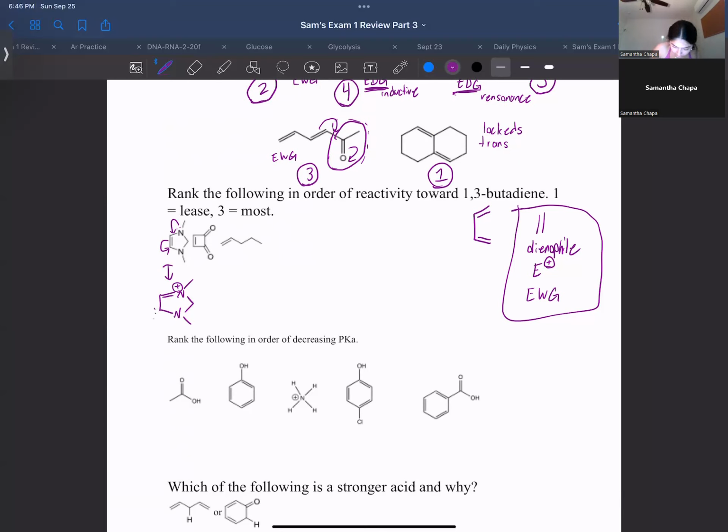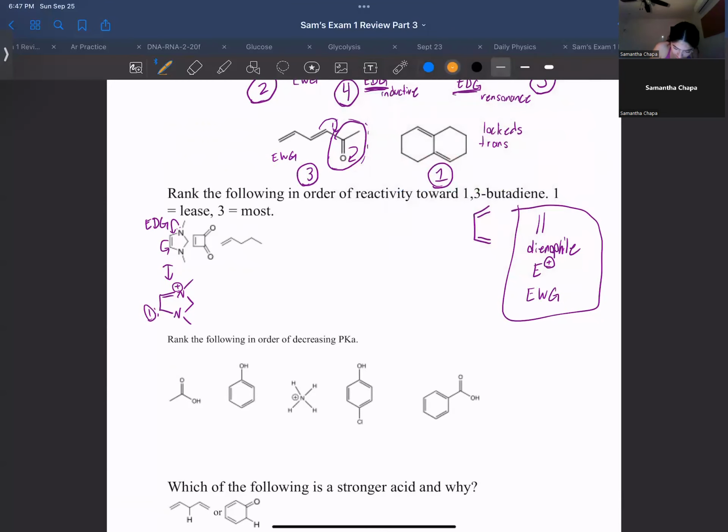When I drew my resonance structure, I put a negatively charged carbon ion in place of where the double bond used to be, meaning that I'm donating electron density towards that double bond. So then we have an electron donating group on this one.